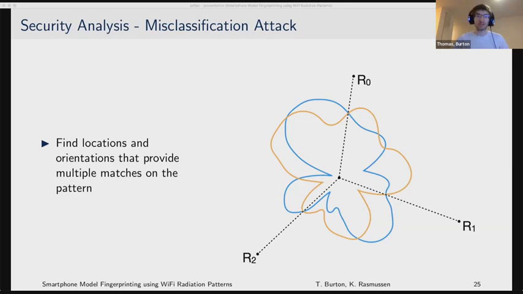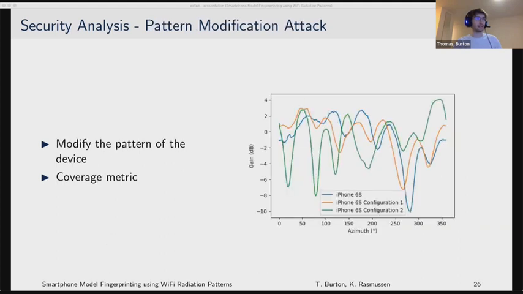So if we increase the number of receivers, it becomes more and more difficult to find appropriate matches. And also, the device will still have a strong match to the actual device model that they are, assuming that they are in the pattern database. This becomes even more difficult if some of the receivers are unknown. So this kind of attack is very difficult and not particularly effective.